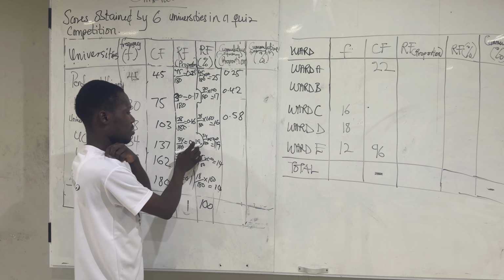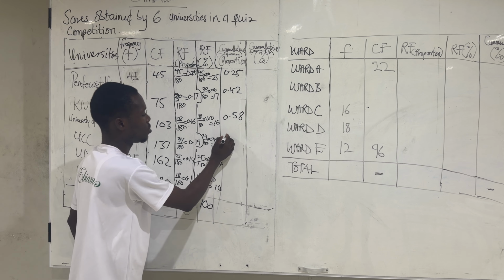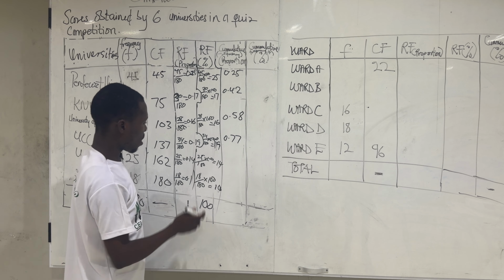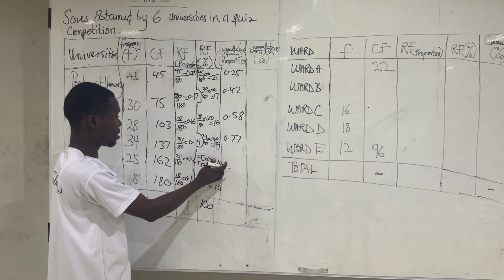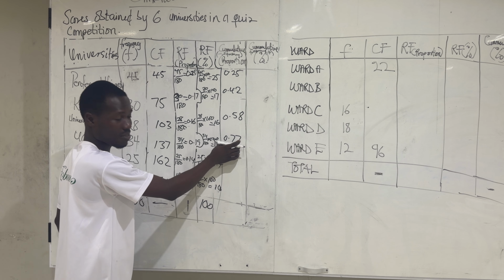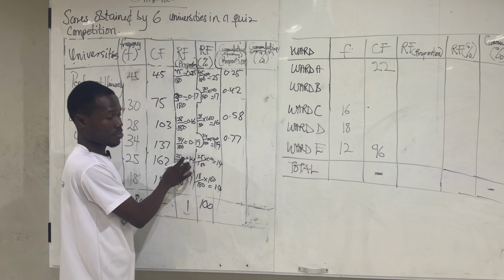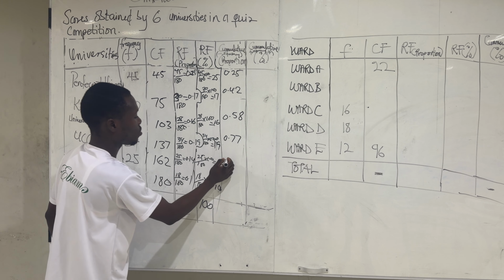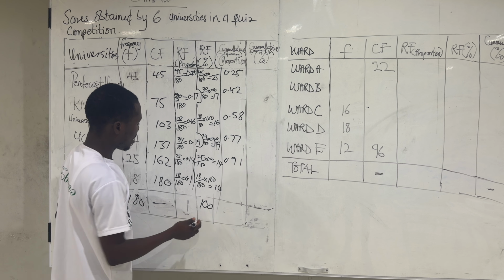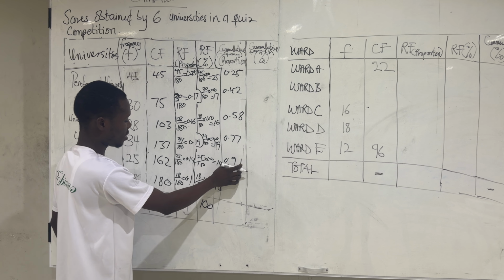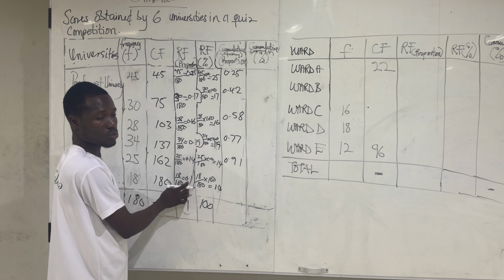Okay. So 0.77. Now, our next cumulative frequency in terms of proportion will be 0.77 plus 0.14. So 0.91. And the next one is going to be 0.91 plus 0.1.